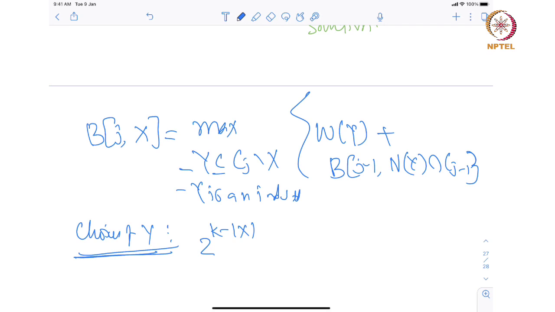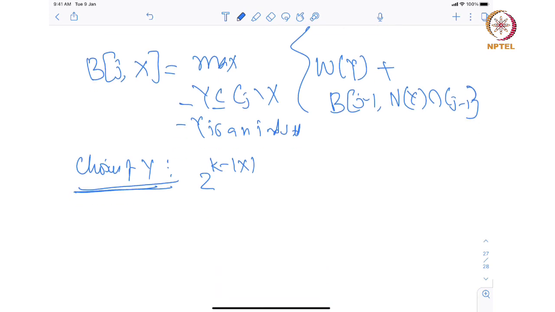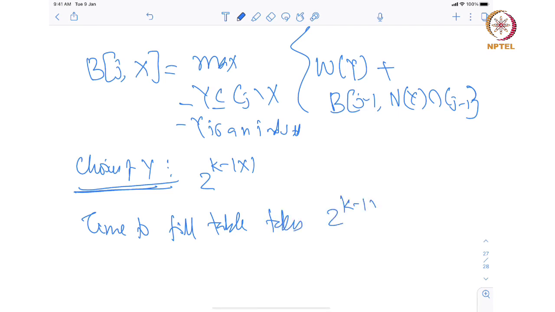We have so many choices, and from them you choose the maximum weight. So, the time to fill the table takes 2 power k minus mod x.